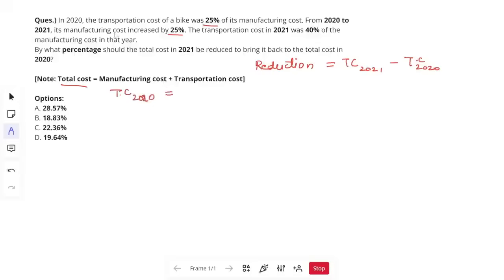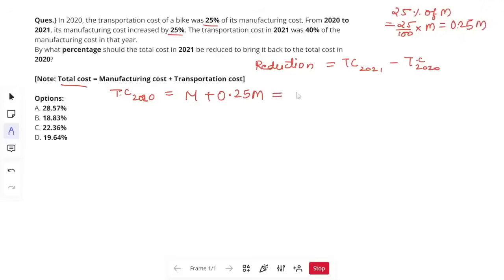Manufacturing cost in 2020 is not given, so let's suppose it to be M. Because it is given as 25% of manufacturing cost, and directly the manufacturing cost is not given, we are considering it M, and then 25% of manufacturing cost can be written as 0.25 M. 25% of M can be written as 25 divided by 100 into M, and then further as 0.25 M. So that is how I've directly taken it as 0.25 M. Now this is the total cost in 2020.